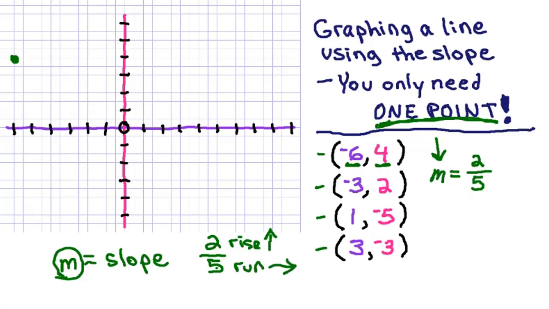Let's do the 2 first. We start at the point that we made and go up 2, so 1, 2. And then we go over 5: 1, 2, 3, 4, 5. So here is our second point using the slope, and we can just draw a straight line through that.